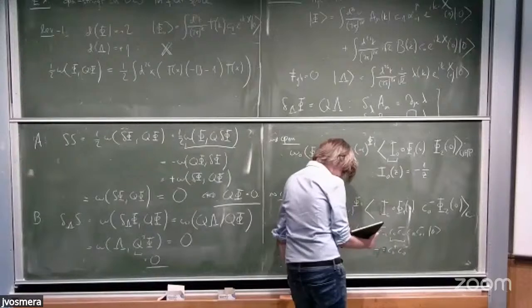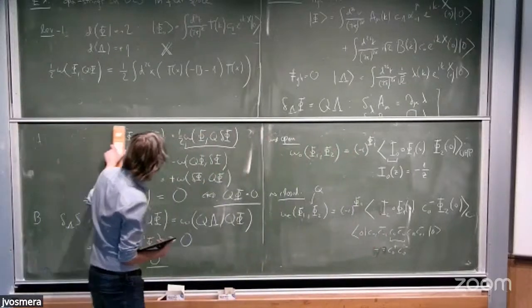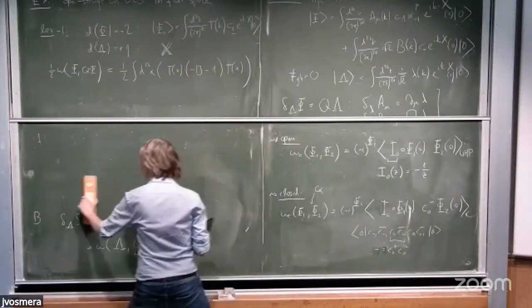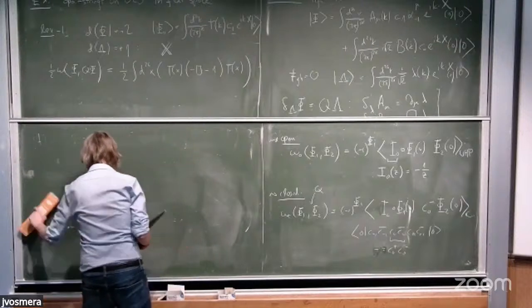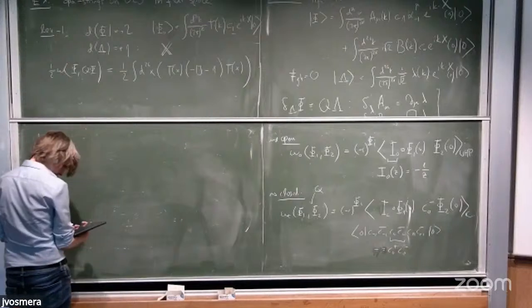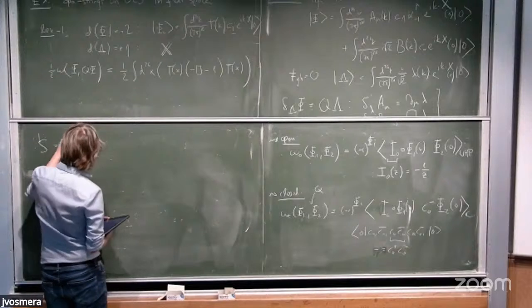And finally, you can take this phi and substitute this into the action omega phi Q phi. And again, after some straightforward computation, what you recover is the following.